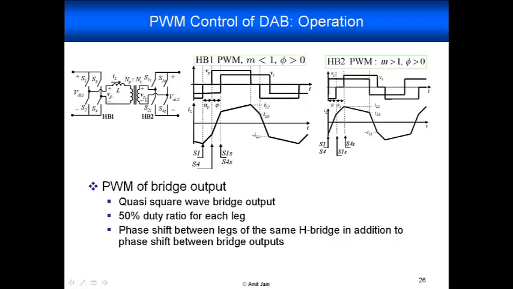So either VP or VS can be a quasi square wave. And from an implementation point of view, it's straightforward. What you do is you introduce another phase shift between S1 and S3, and that's what gives you this quasi square wave.